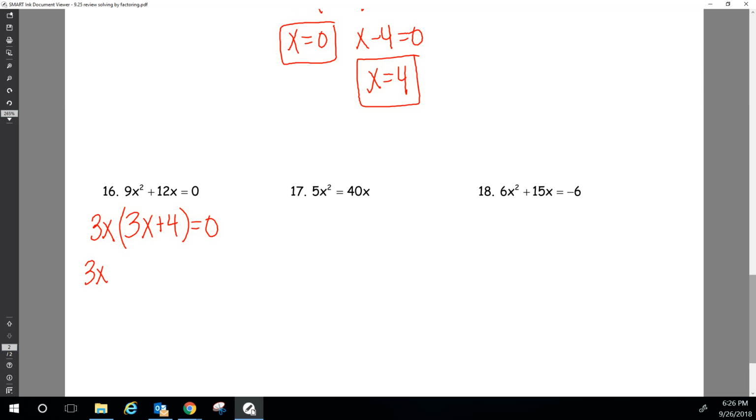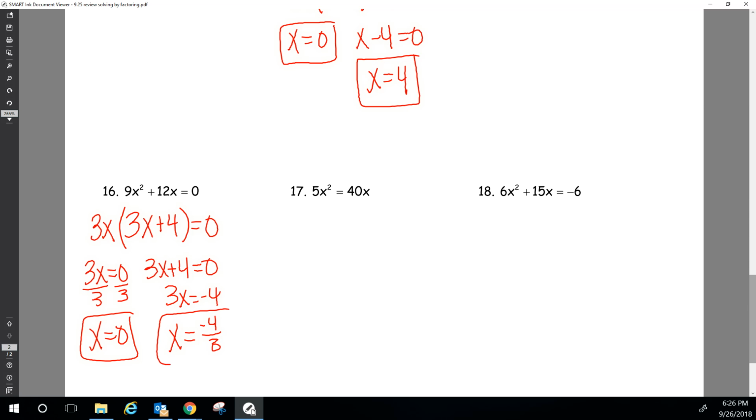So I've got 3x is equal to 0, or 3x plus 4 is equal to 0. Over here, dividing by 3, 0 divided by anything is still 0. And for this one, 3x would be equal to -4, which means after I divide by 3, x is equal to -4/3.